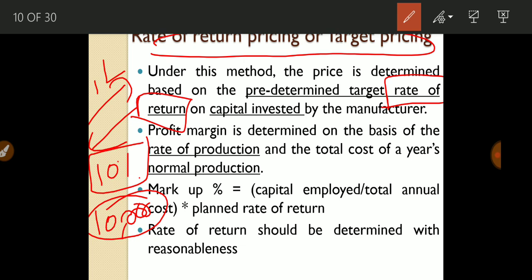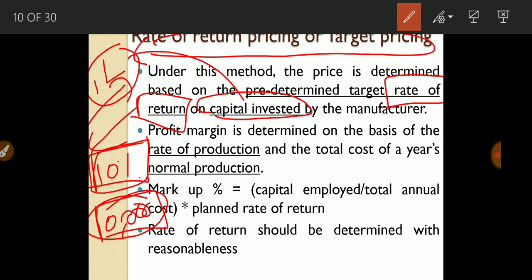So rate of return method pricing is based on the capital which I'm investing in the business. What do I mean by the capital which I'm investing in the business? The money which I'm contributing to my business. On that I will say I want so much rate of return. So when I multiply the rate of return by the capital invested, I will get the profit which I desire.